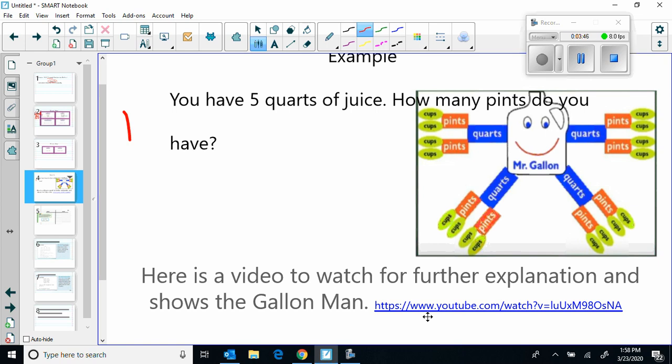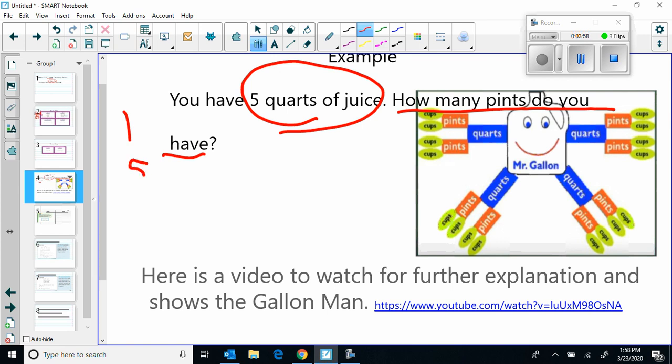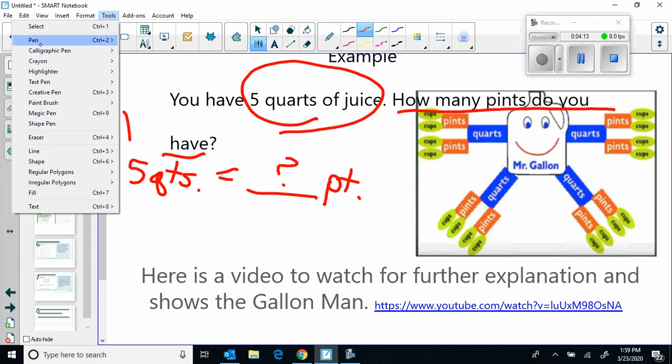Our example question says that you have 5 quarts of juice, and it wants to know how many pints you have. So the first step we need to do is write the equation. We know we have 5 quarts, and we want to know how many pints we have. Second step is write what you know.